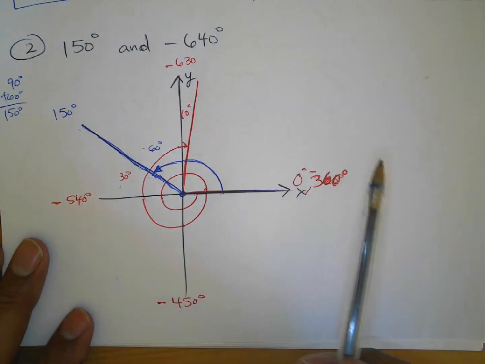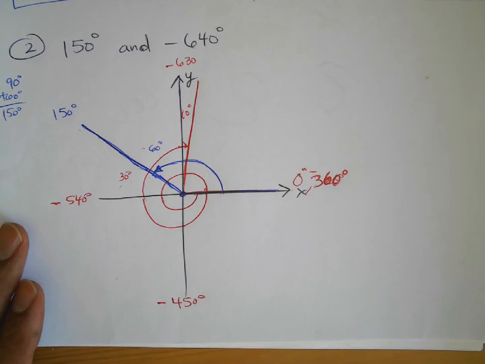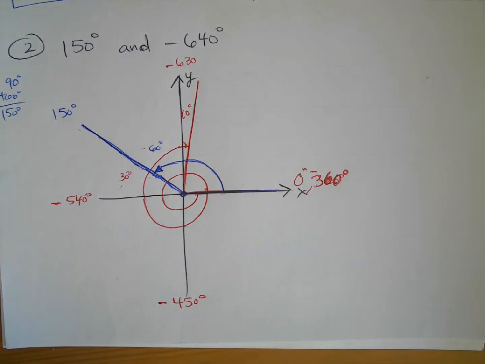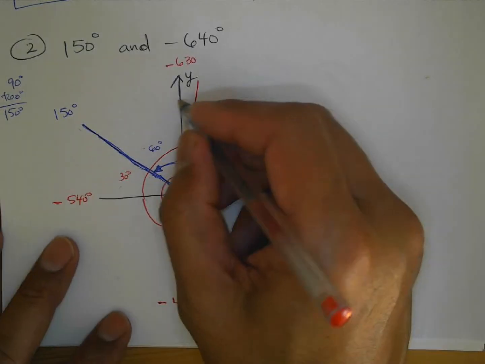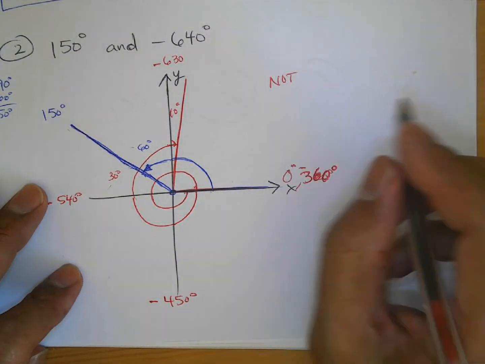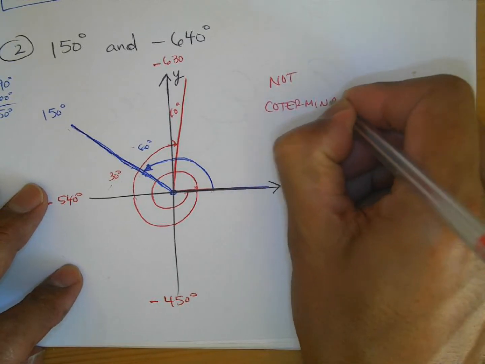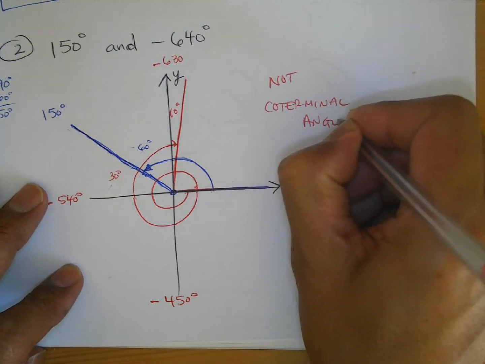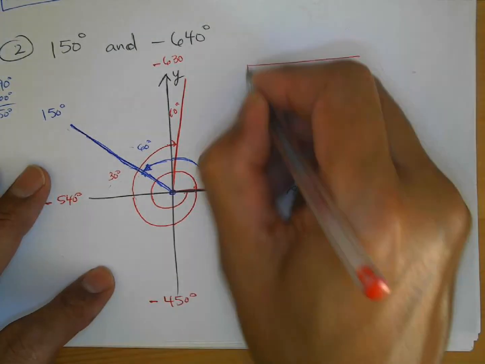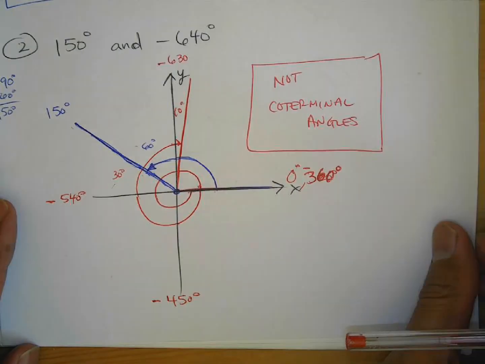Are these two terminal sides exactly stopping and resting in the same exact location? No. See, these are not coterminal angles. Not coterminal angles. Okay, last one more, number 3.